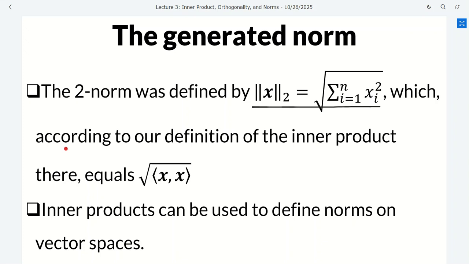Now, according to our definition of inner product, we can say that this is equal to this, which we learned.